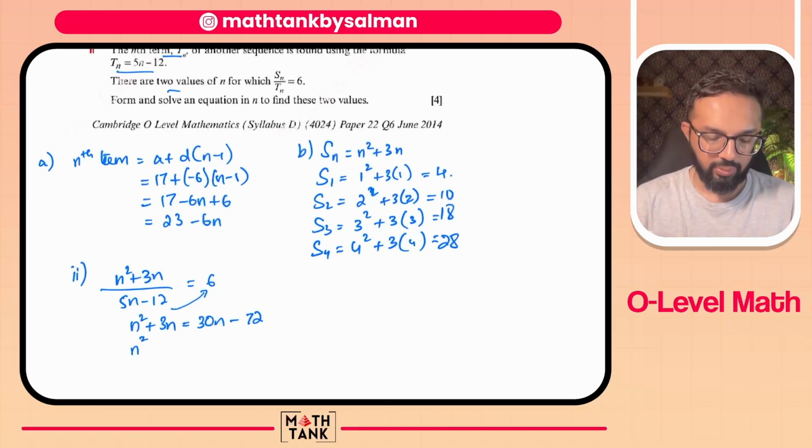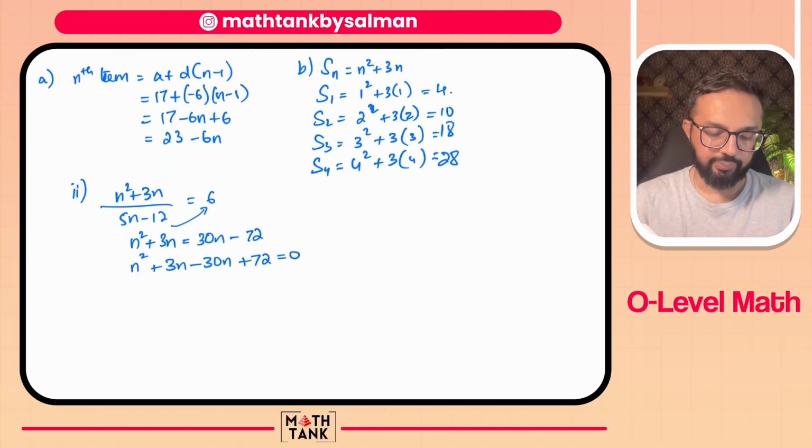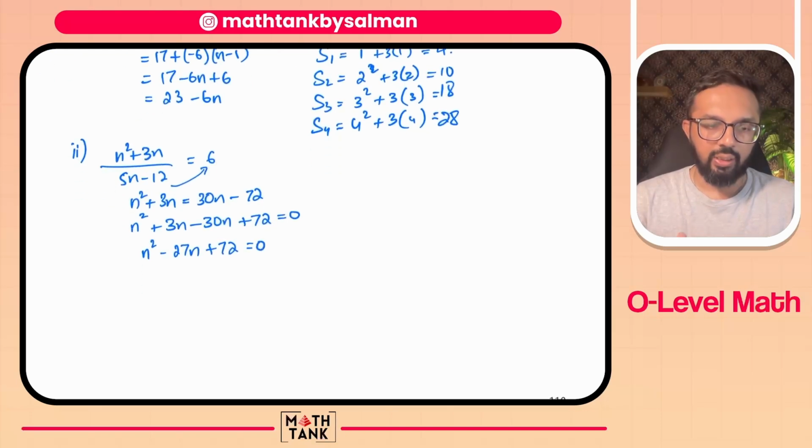I think a quadratic equation seems to be emerging. Let's talk about that. n squared minus 27n plus 72. Since it's a paper 2 question, I know I can use a calculator to solve this.